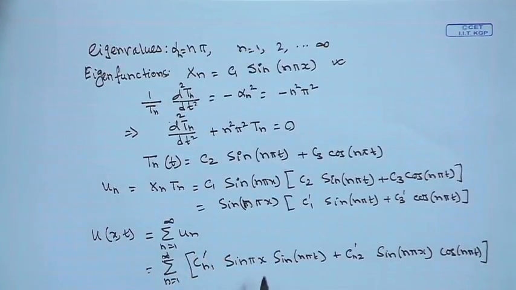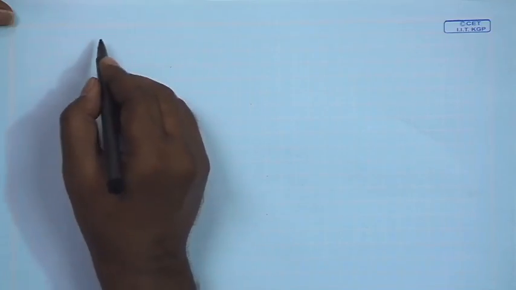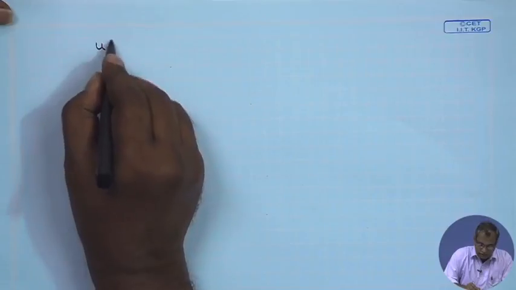Now, there are two constants in this final expression, C n 1 prime and C n 2 prime, and we have two initial conditions which have remained unutilized. So, we will be utilizing these two conditions and see what we get. We utilize these two initial conditions in order to evaluate the constants C n 1 prime and C n 2 prime.